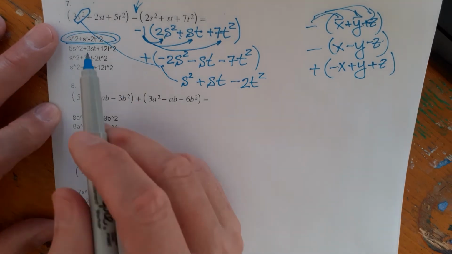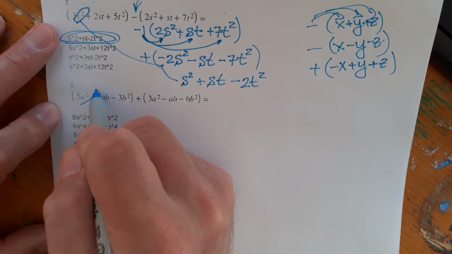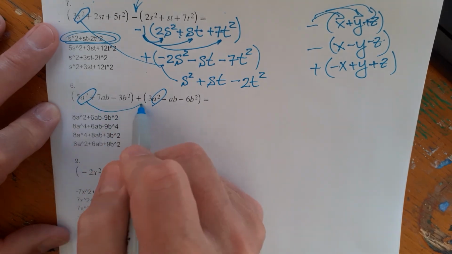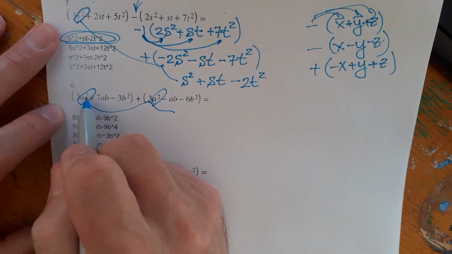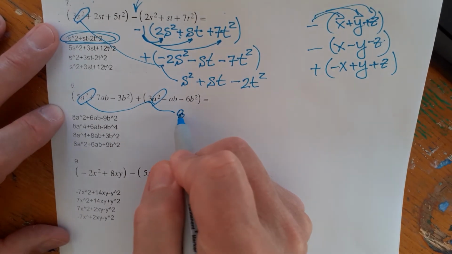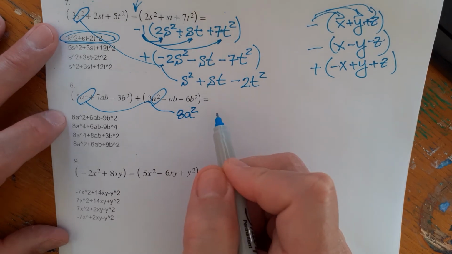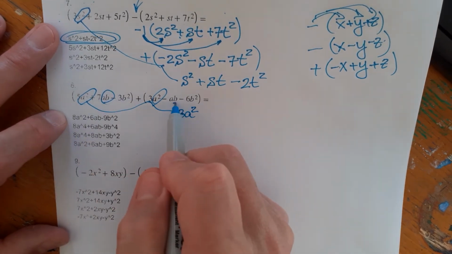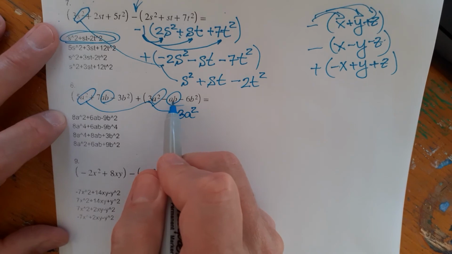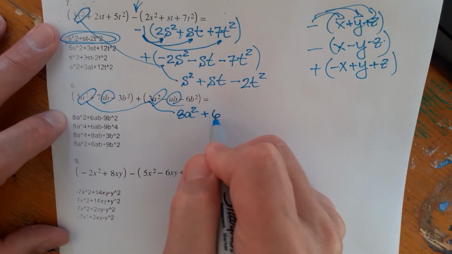Let's go here. Let's look for like terms. Like terms here are there's an a squared and an a squared, so I'm going to combine those. 5a squared and 3a squared is going to be 8a squared. I see an AB and an AB. This is 7AB minus an AB, going to give us a 6AB.